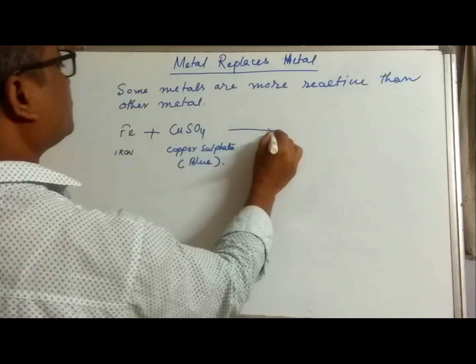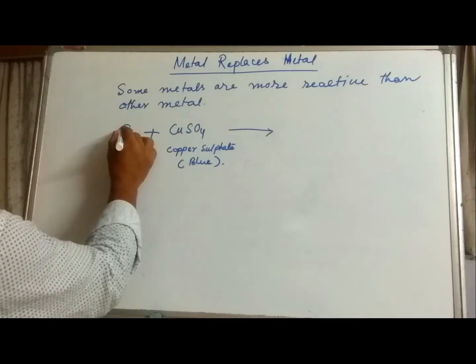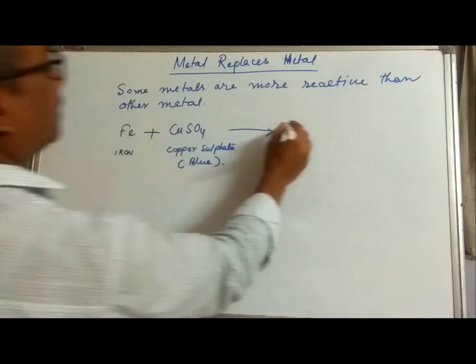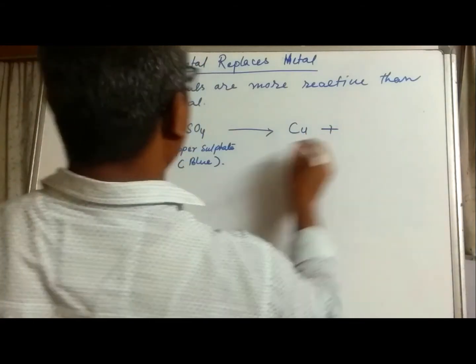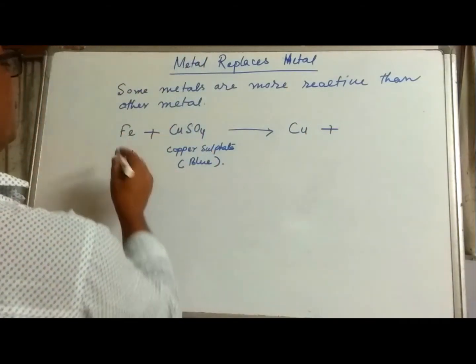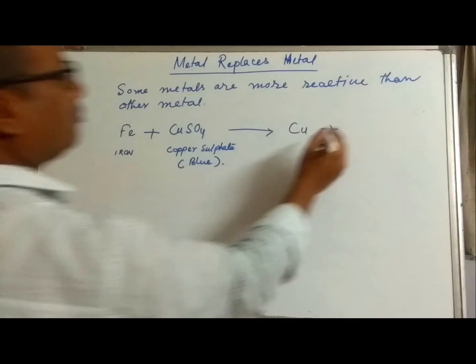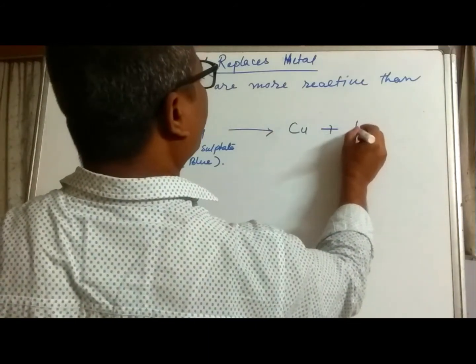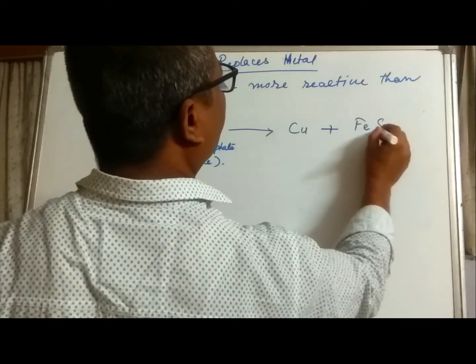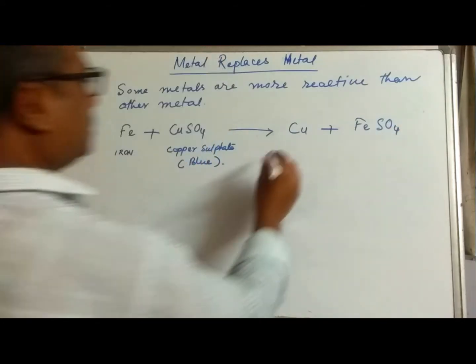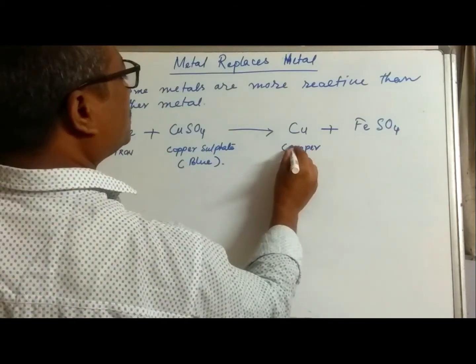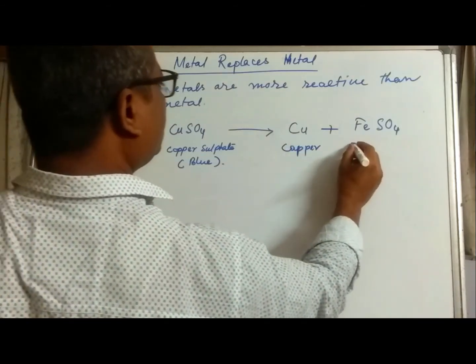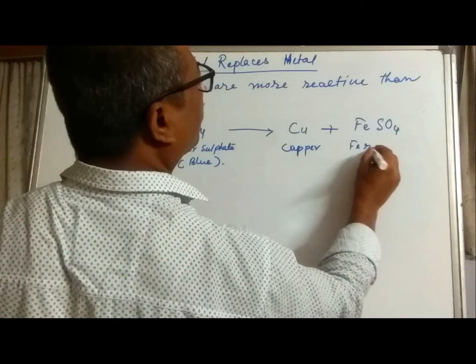What happens? Iron replaces the copper from copper sulfate, and iron reacts with sulfate to form iron sulfate. This is copper, and this is ferrous sulfate.